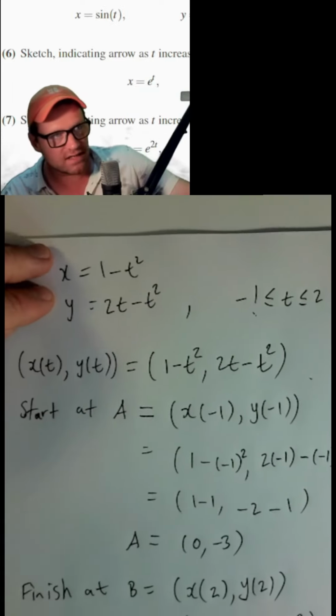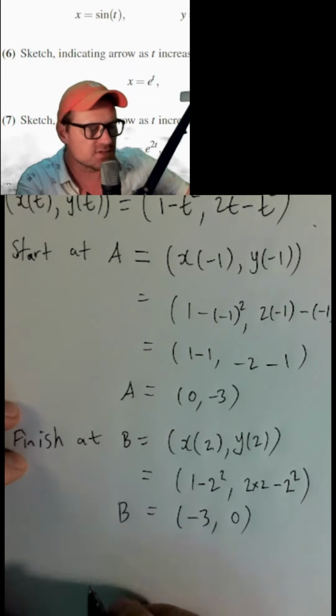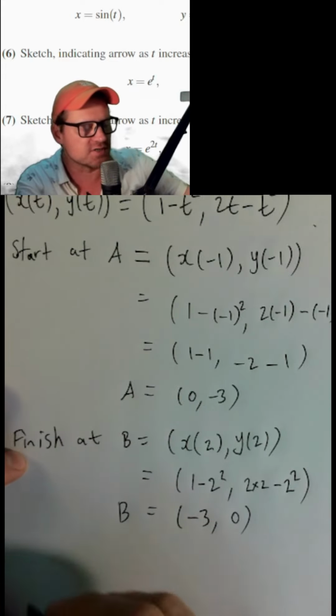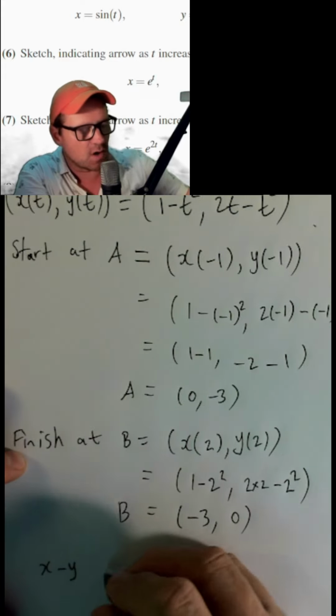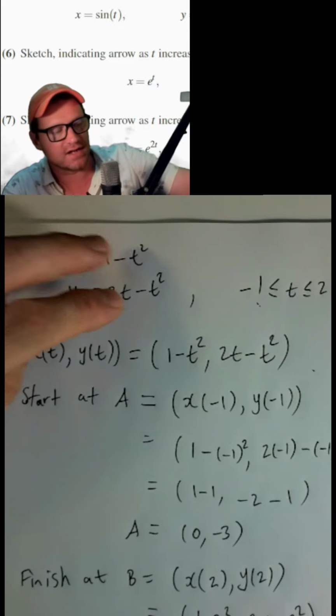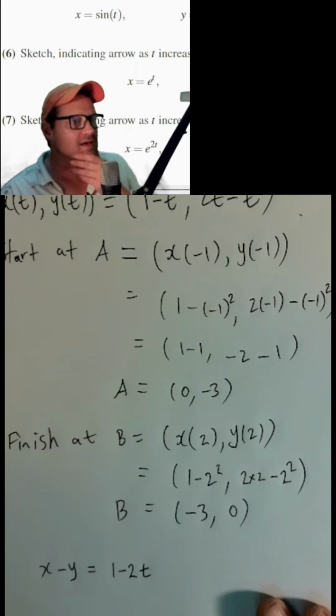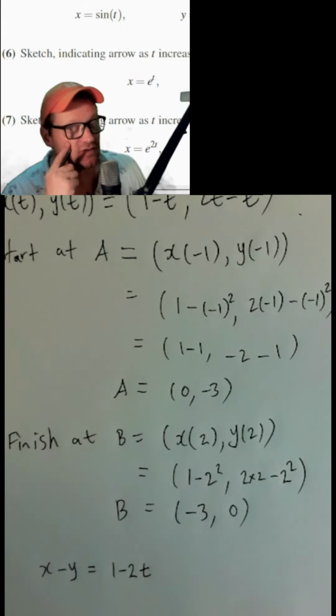Let's look at these two equations. Let's eliminate t. So equation 1 minus equation 2 gives us x minus y equals, now the minus t squareds will vanish, so we have 1 minus 2t. Okay, and so next I can solve this equation for t.